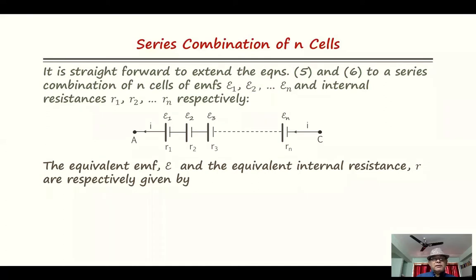The equivalent EMF E and the equivalent internal resistance R are respectively given by E equal to E1 plus E2 plus up to En. This is equation 9. And R equal to R1 plus R2 plus up to Rn. This is equation 10.